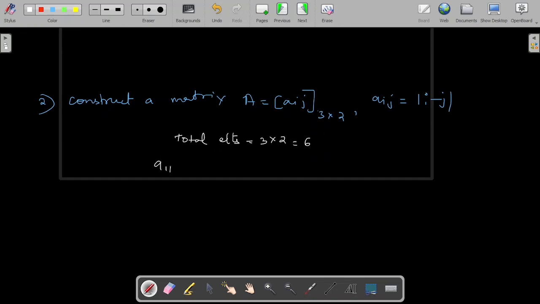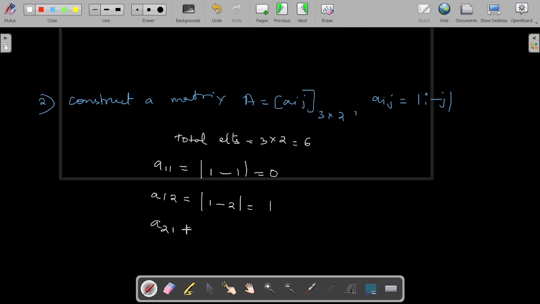So find out the elements one by one. A11 is the element in the first row, first column, 1 minus 1, which is 0. A12 is modulus of 1 minus 2. So minus 1 actually, but modulus always gives you a positive output, which is 1. A13 is not there because there are only 2 columns.